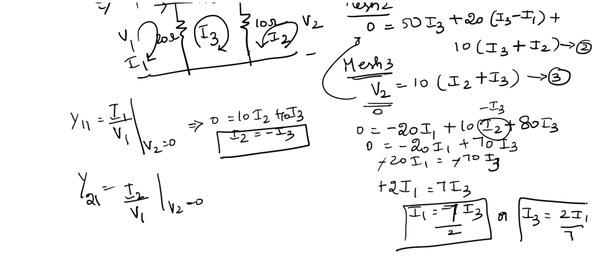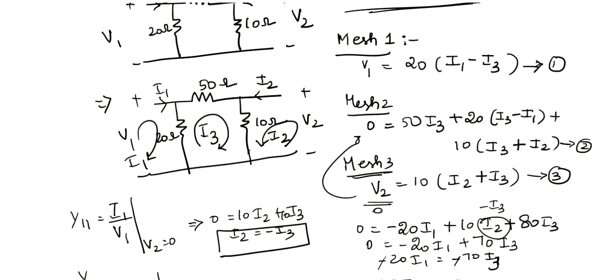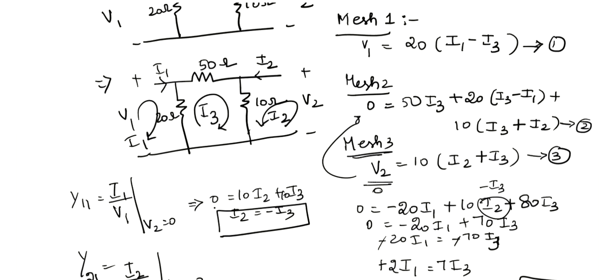You are having two formats. Now I can substitute in the main equation. What is the main equation? That is the first equation. V1 will be equal to 20 I1 minus I3. Clear? You just keep V1 and I1 as they are because we want V1 and I1.